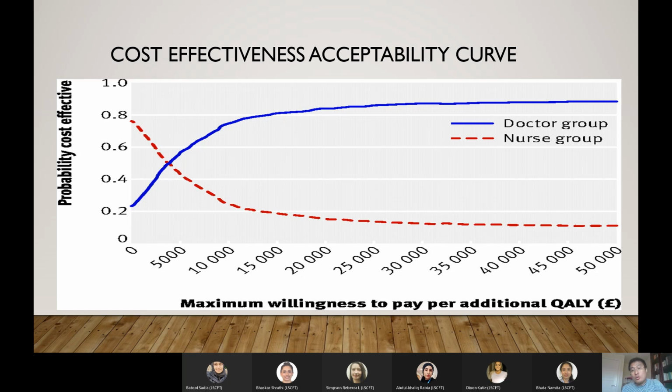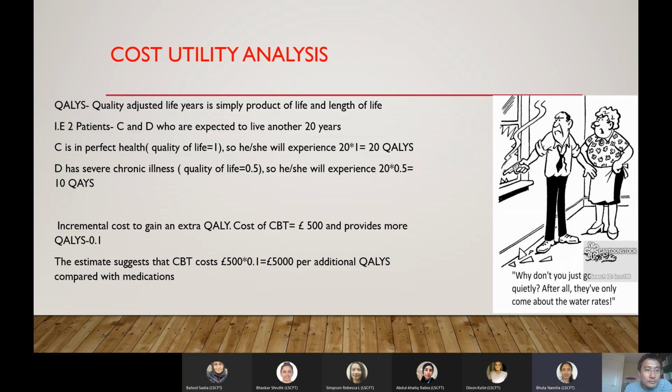So the other question: willingness to pay is used in which of the five economic analyses? Which one would be your answer? Cost effectiveness acceptability. Okay. So I'm just showing you an example that from one you can do 5 or 6 MCQs. So let us go to the next one.